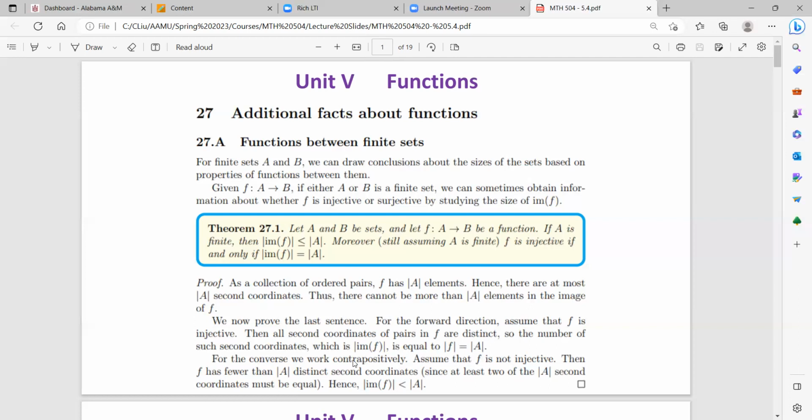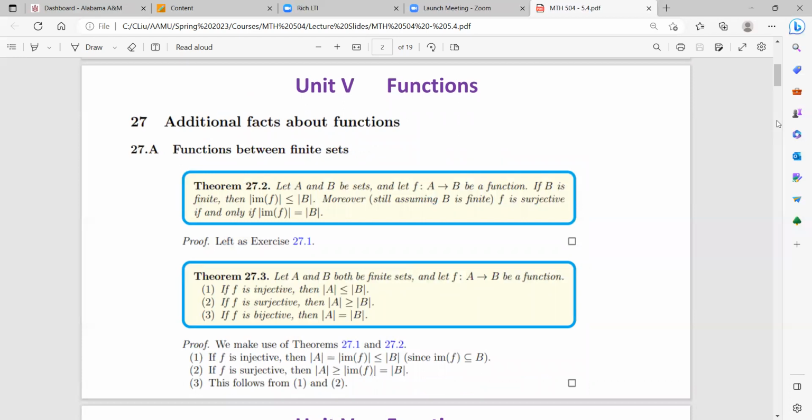If f is not injective, then f has fewer than size A distinct second coordinates, because you have repeated second coordinates in all the pairs. So then the image of the function has a smaller size than the domain A. That contradicts the assumption that the image of f and the domain of f have the same size. I think it is pretty obvious.